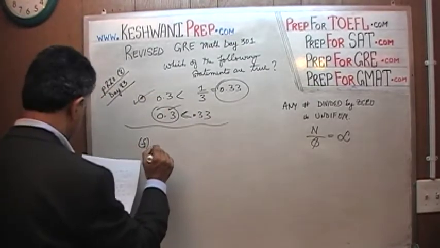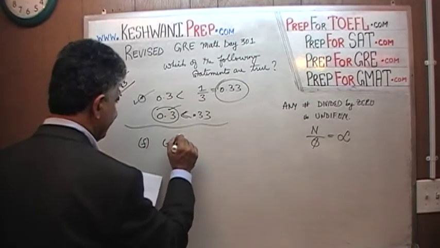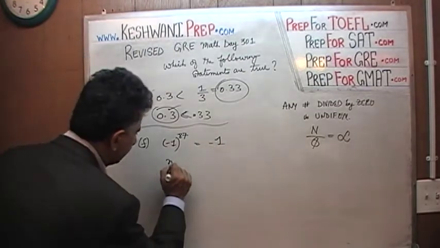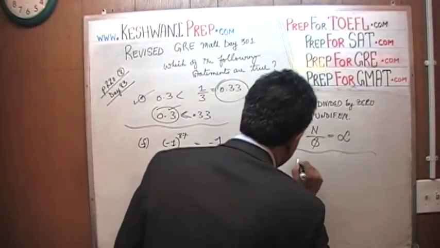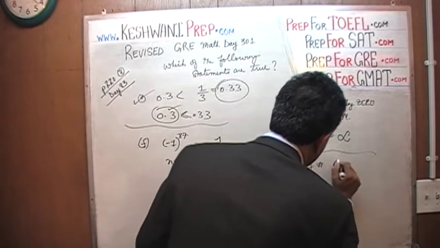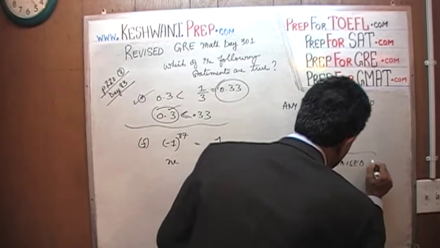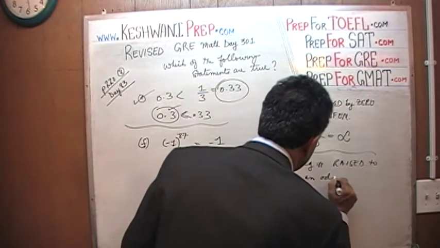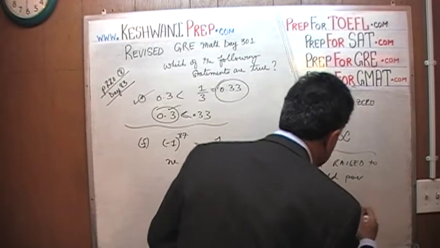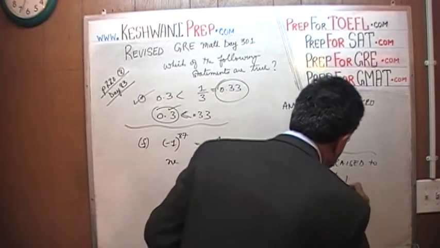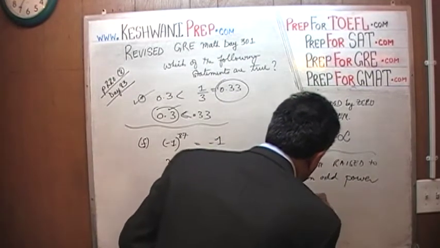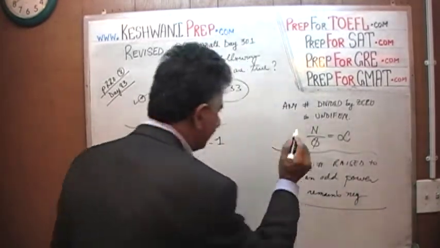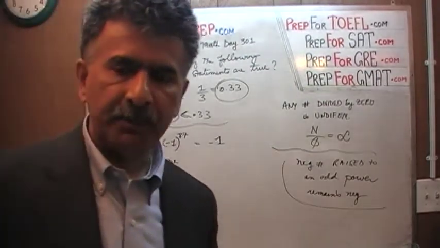F says negative 1 raised to 87 equals negative 1, and that is also true. A negative number raised to an odd power will remain negative.